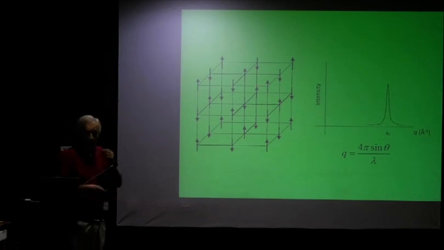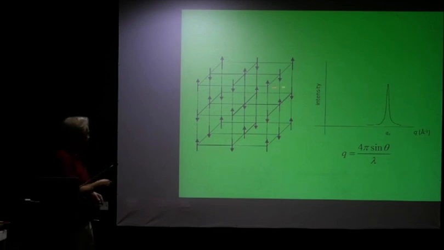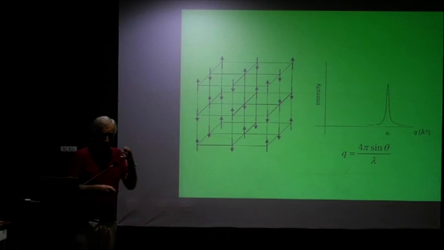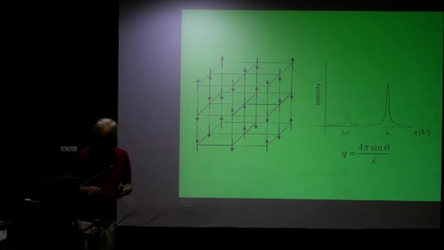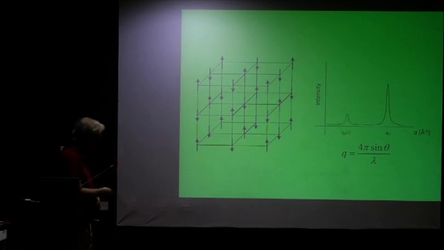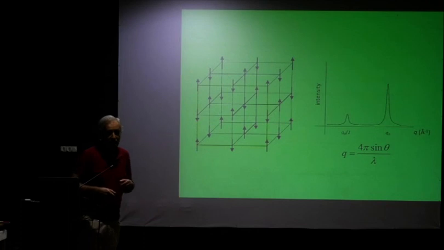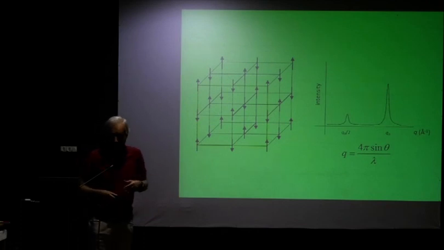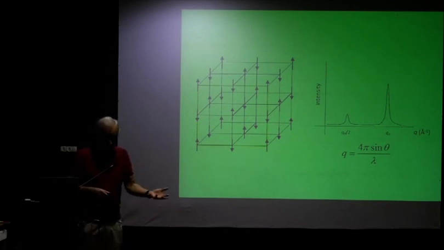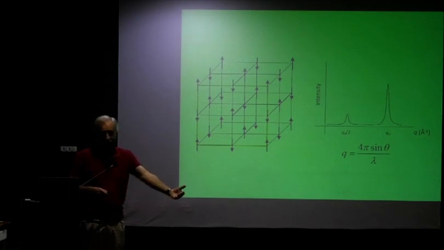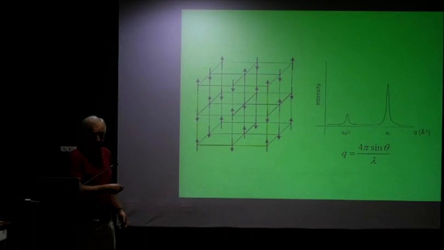So in one particular direction, the magnetic unit cell is doubled. And when the magnetic cell is doubled, the lattice parameter of the magnetic unit cell is doubled. And as you increase the lattice parameters, your peaks shift to smaller values.